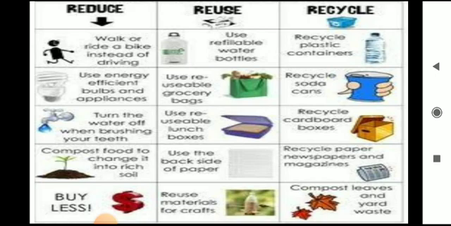The water bottles that we can refill, we can reuse them. Reusable grocery bags, as we can use a grocery bag more than one time. It is the reuse of that bag. We can reuse our lunch boxes. We can reuse the back side of our paper.